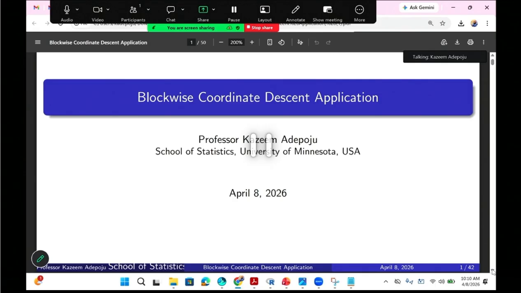Of course, before now, we are interested in obtaining the precision matrix. Why is the precision matrix important? Because it enables us to measure direct dependency among variables.